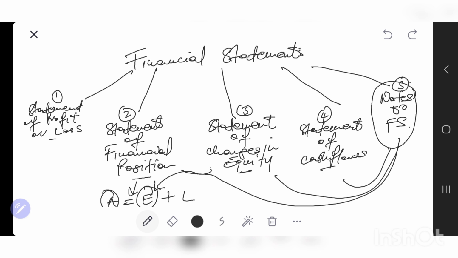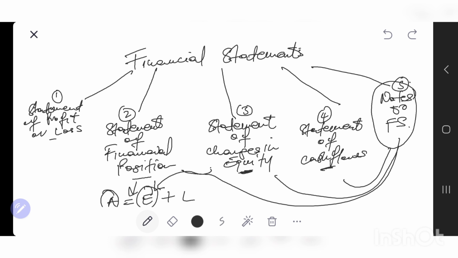Did the investors invest more money into the business? Did they disinvest? Did they withdraw funds from the business? So it tells us about the fluctuation of capital, the movement in capital during the year. And it's the easiest statement when you compare it with the others.